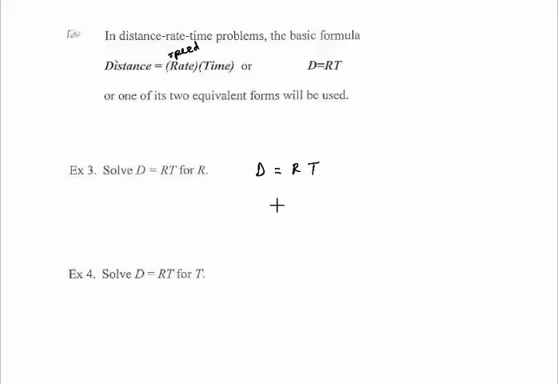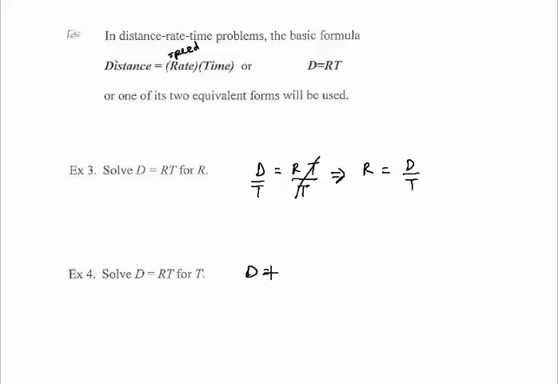Perhaps we were given D and T and the rate was missing. Well, to find the rate, all we do is divide both sides by our time, and we should see that the T's cancel on the left, and that R is simply the distance divided by the time.